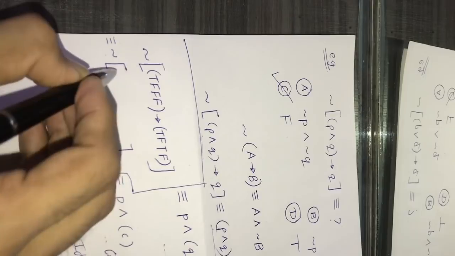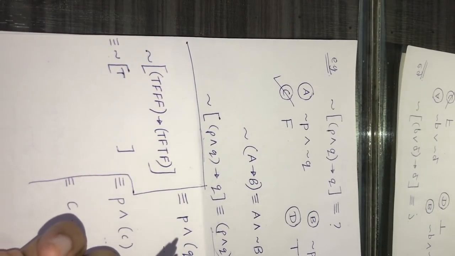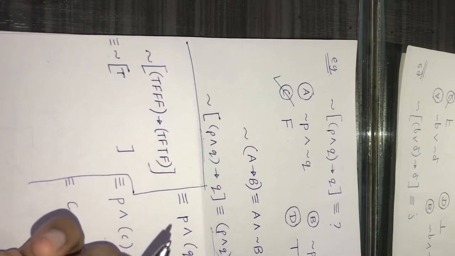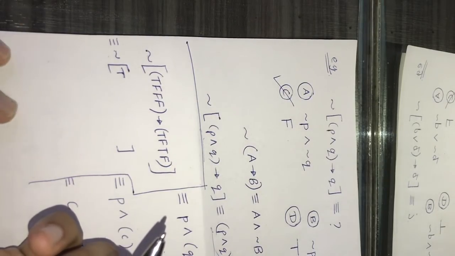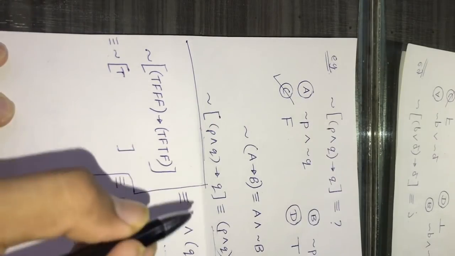True implies true is true. Only in one case we get false. That is when true implies false is false. In all the other cases, it is going to be true only. So I got true implies true, true. But then you see, it is false. But false implies anything is true.